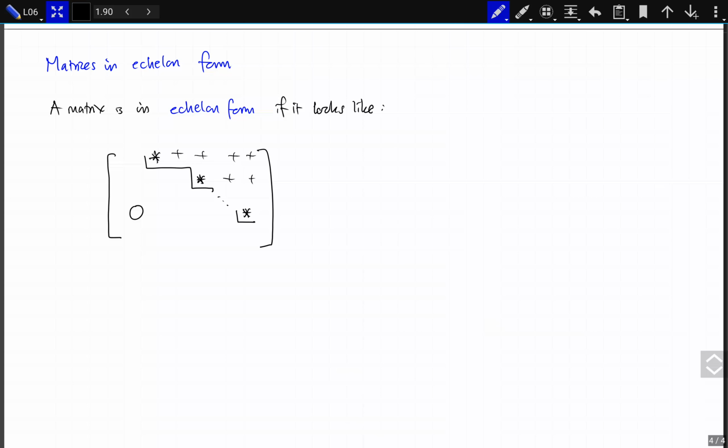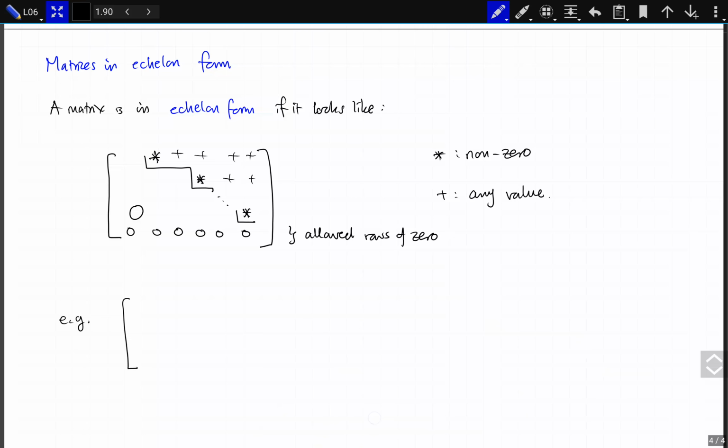Here we have zeros. We're allowed to have rows of zeros at the bottom, but we don't have to have very many. So a simple example might be some matrix.